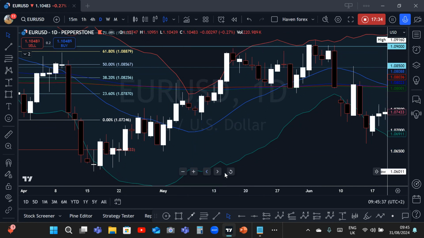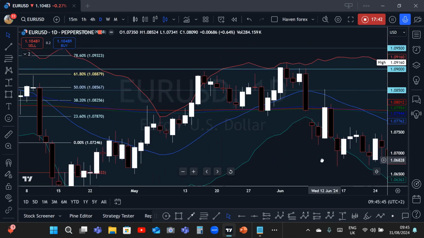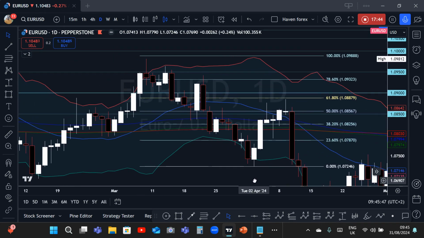So this is the band, this is the red, this is the green, right? Between this place and this place, you see prices are here. Once you see that there is a breakout of this band and you see a rejection, you go short. You know that price will want to come down.